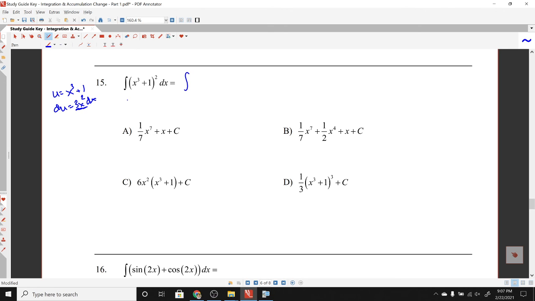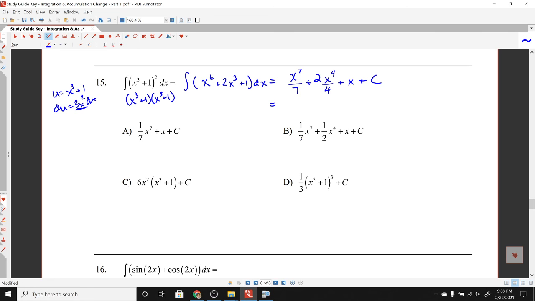So the way we do it is to FOIL out x cubed plus 1 times x cubed plus 1. We actually square it out. So I get x to the 6th plus 2x cubed plus 1 dx. This is now just a polynomial, so we can use the power rule. So that would be x to the 7th over 7 plus 2x to the 4th over 4 plus x plus c.